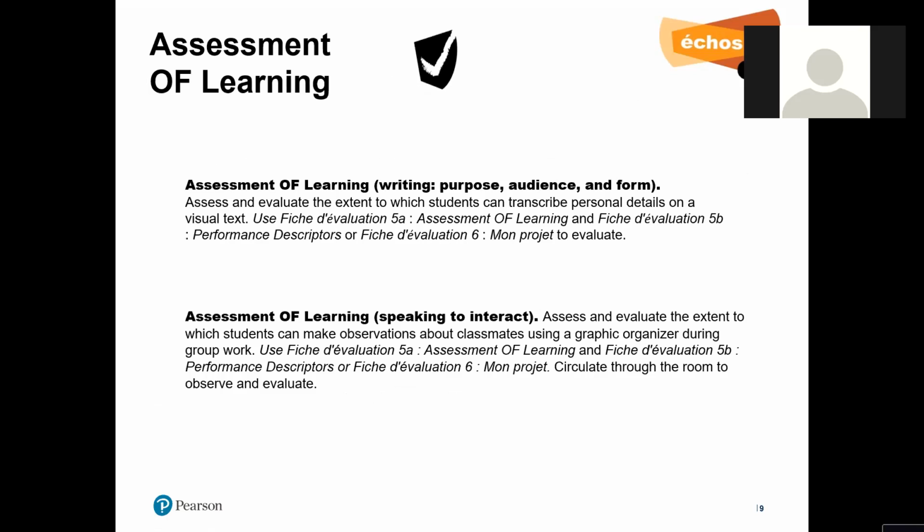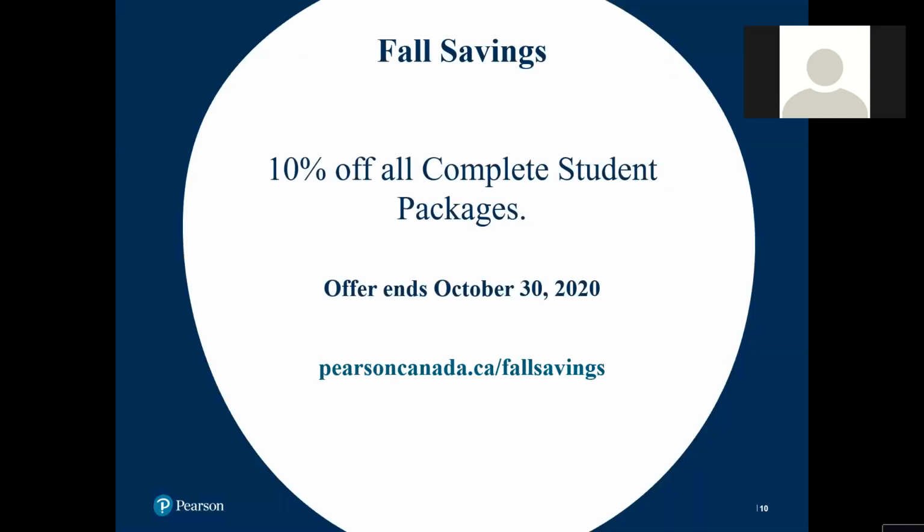Assess and evaluate the extent to which students can transcribe personal details on a visual text. Use fiche d'évaluation 5A and fiche d'évaluation 5B or fiche d'évaluation 6. So we give you lots of opportunities and information on how to embed assessment.